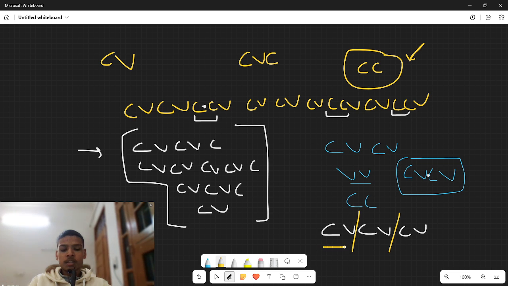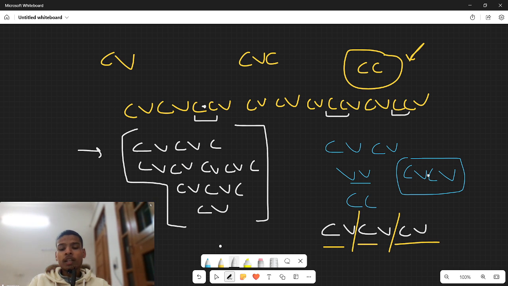This is a valid syllable, this is a valid syllable, and this is also a valid syllable. So there is one observation: if the length of the resulting string after this part is even, then I will place a dot after every two consecutive characters, CV. But now tell me, if the length is not even, for example in this first case, my length is not even.